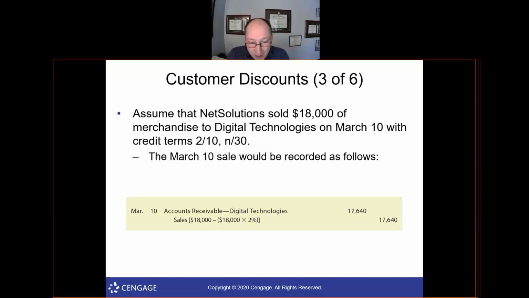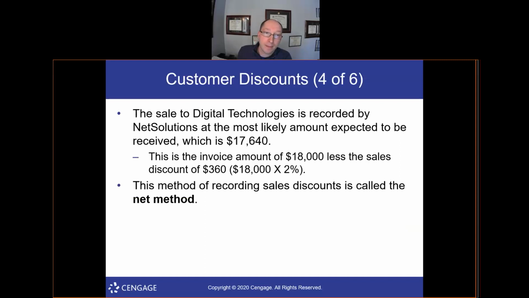So $18,000 times 2%, $18,000 minus that amount is $17,640. So debit accounts receivable $17,640, credit sales $17,640. Remember, this first transaction represents us selling the inventory to our customer. But we sold it on a discount because our customer is going to pay us within those first 10 days.